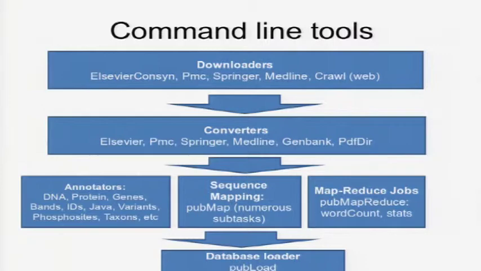I have a few command line tools. They're command line tools, so they're not Java or Python specific or anything. A few command line tools on GitHub where you can type in, for example, pubGet Elsevier, and it will download everything from Elsevier that you have the rights to. Or pubGet Springer, and it will contact a special Springer download server and convert and process everything until you have, the output is always a directory of tables, Excel tables.